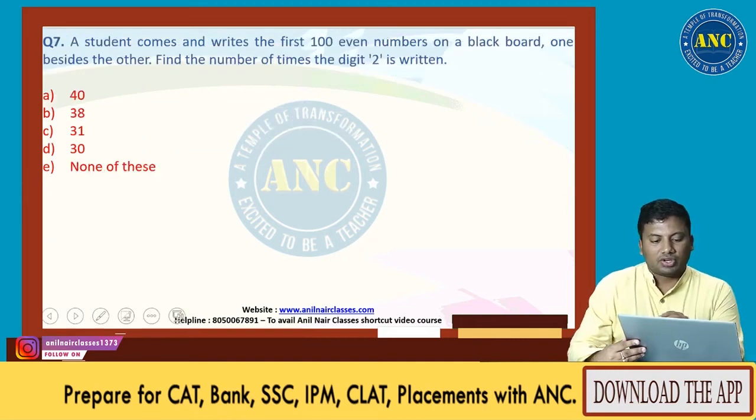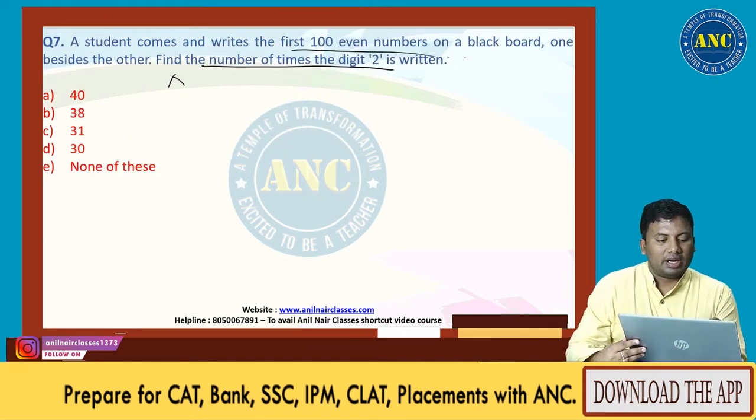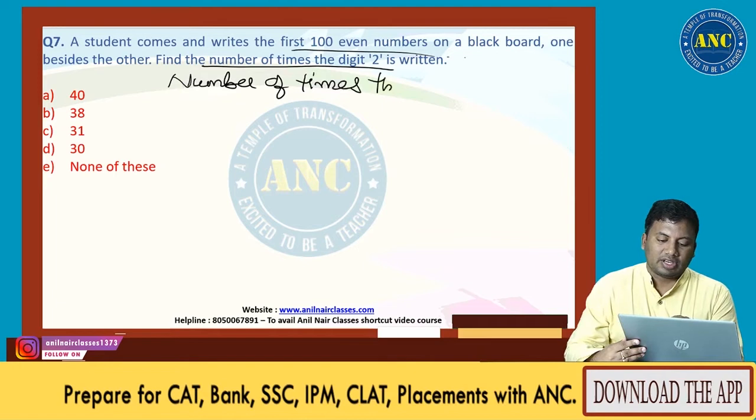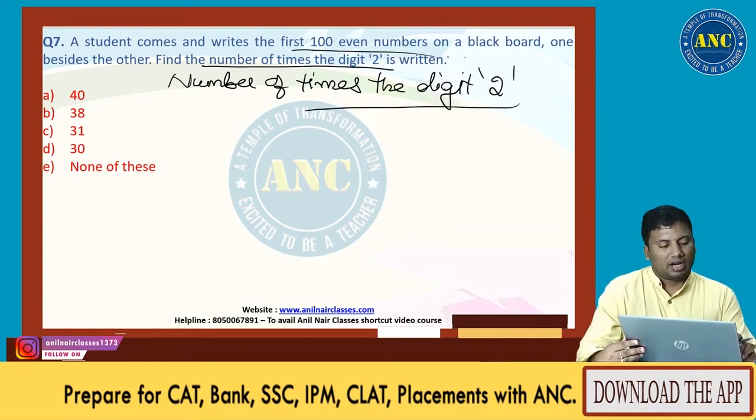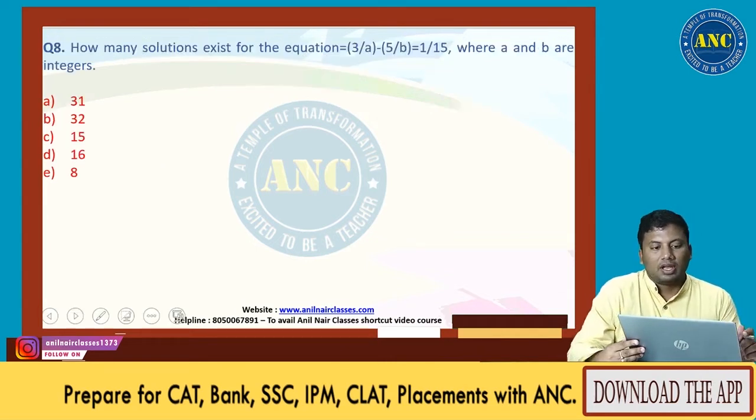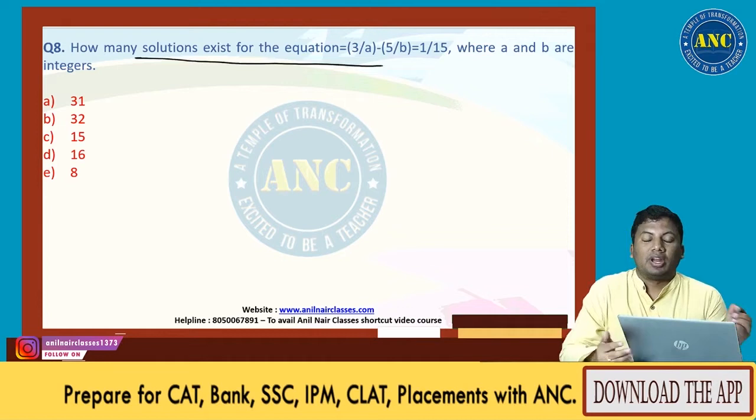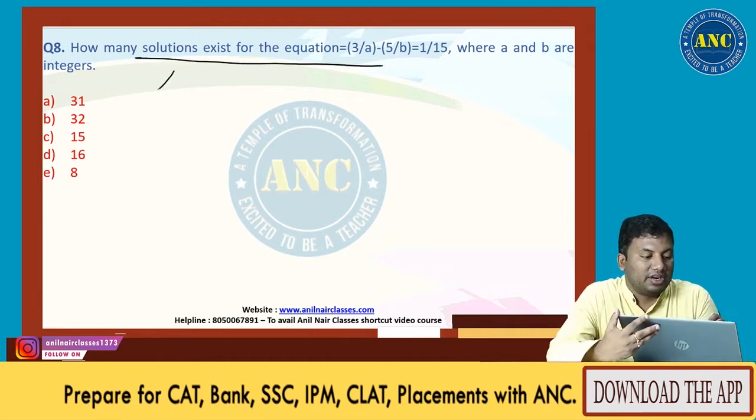Then another question, how many times the digit 2 is written. Yesterday we discussed it. Now see here, a very important model with respect to integral solutions we discussed yesterday.